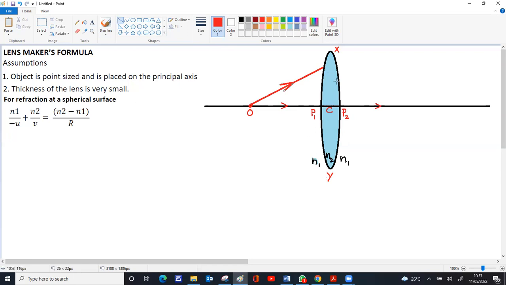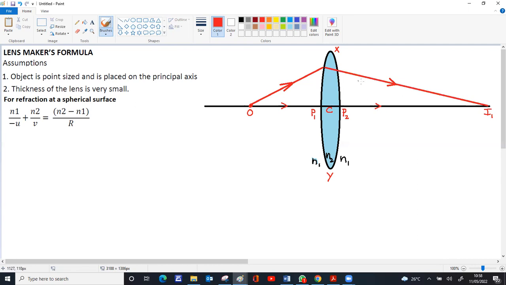Imagining the second surface XP2Y were absent, so that the right side is complete glass, the light ray undergoes refraction at XP1Y and moves after bending. It may meet the principal axis, forming the image. So let this image be I1.